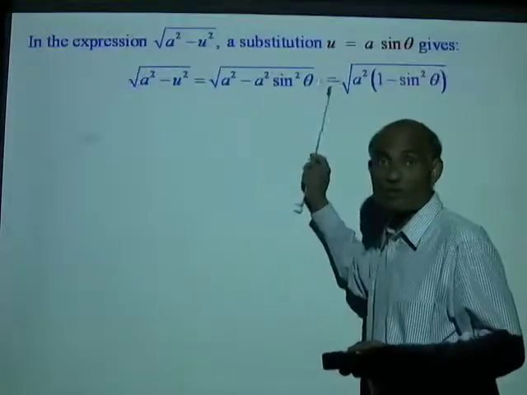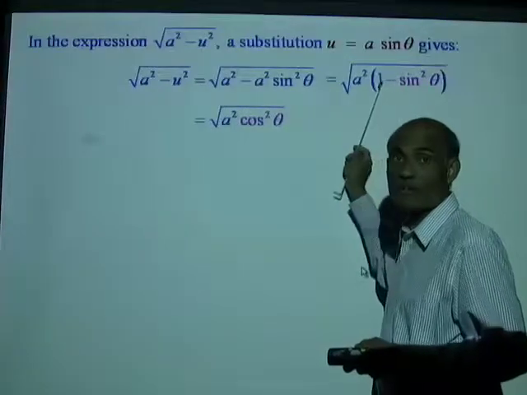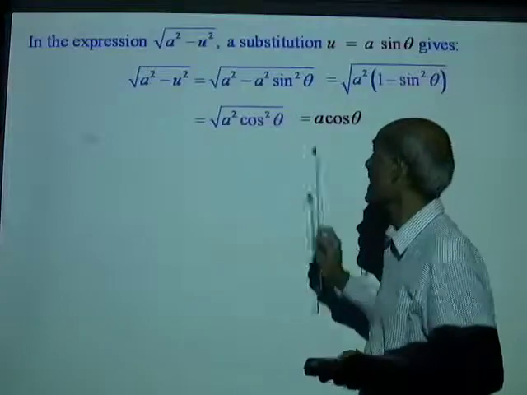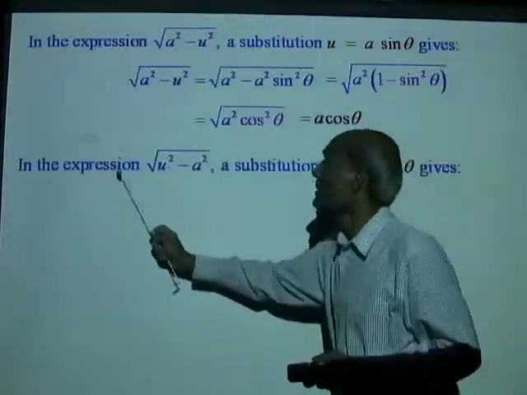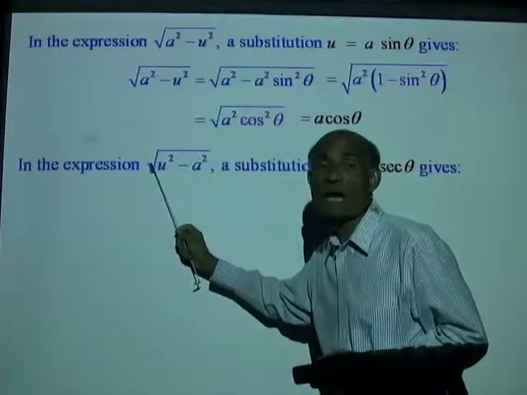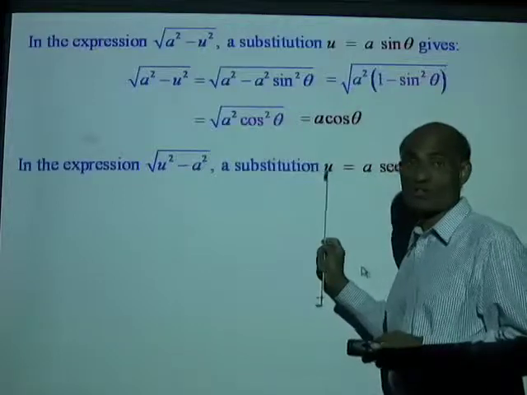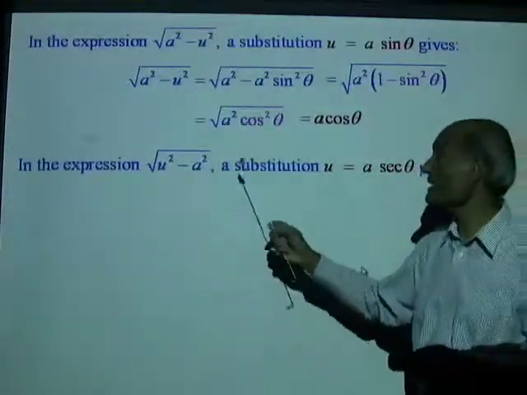Factor out the a squared and replace 1 minus sine squared theta by cos squared theta. That gives you a cos theta. That became very simple. And what did we say we substitute here? For the square root of u squared minus a squared, we substitute u equal to a secant theta.